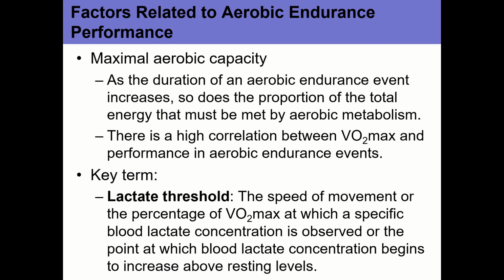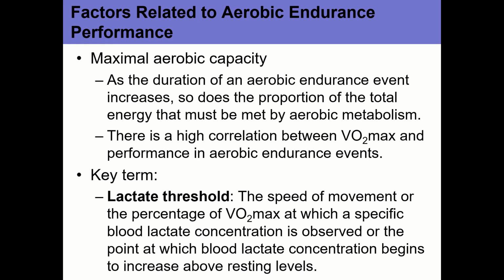So just something to be aware of: we previously talked about that first part, where a specific blood lactate concentration is observed, as OBLA, and then rising above resting levels, we talked about that as lactate threshold in a previous chapter. So just be aware, in this chapter, they're running those two together. But why does that matter?